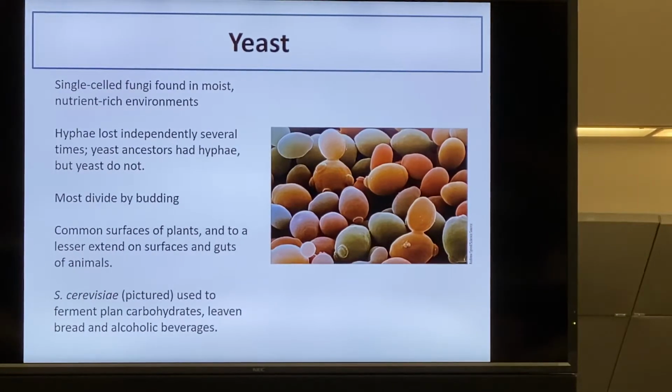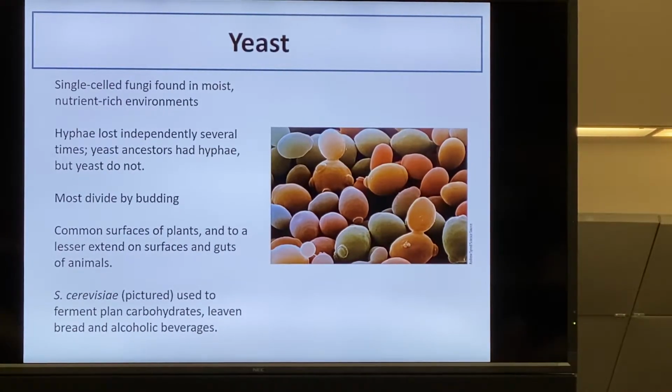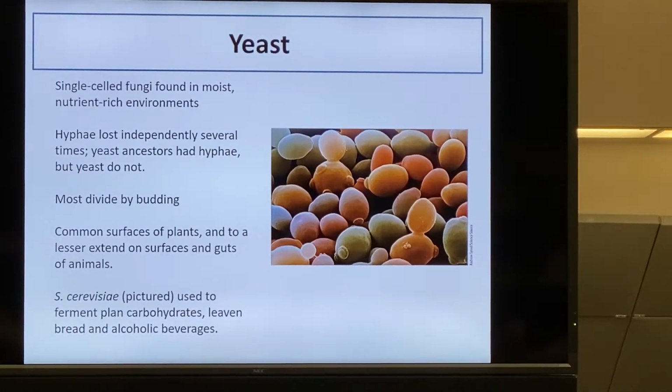So here we go. So hyphae were lost several times over evolution. So that means that when we're talking about hyphae, not all fungi have hyphae. Right. So then, theoretically speaking, from an evolutionary perspective, the advantage for these then are... So what is the advantage of a single-cell organism versus a multicellular organism?